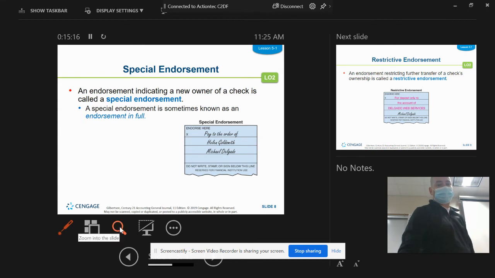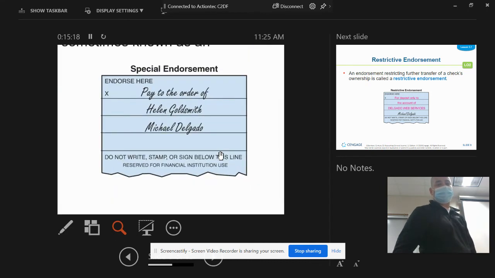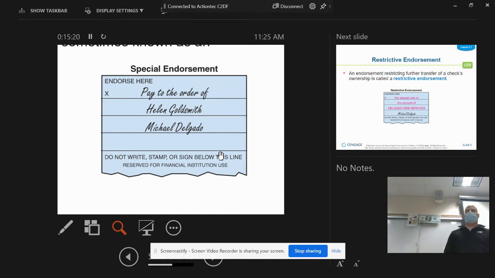But let's take a look at what goes on in the back of the check here. This one says, pay to the order of Helen Goldsmith from Michael Delgado. So remember, our company is Michael Delgado. Essentially, somebody wrote Michael Delgado a check, but Michael Delgado wants to turn that check and those funds over to Helen Goldsmith.